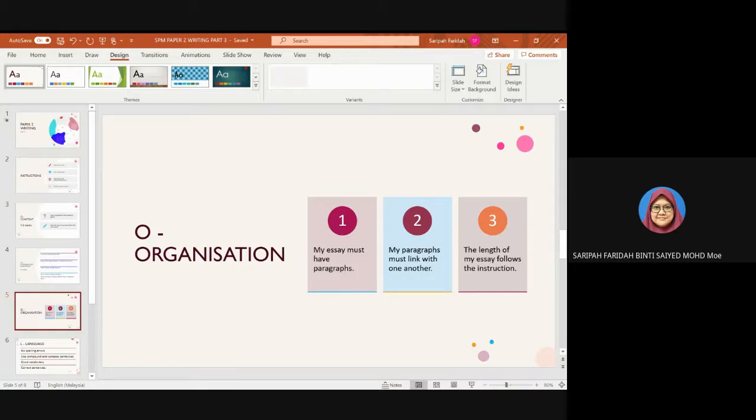Linkers are like cohesive devices such as firstly, secondly, then next, after that, or in addition, therefore, as a result, and in conclusion, like that.